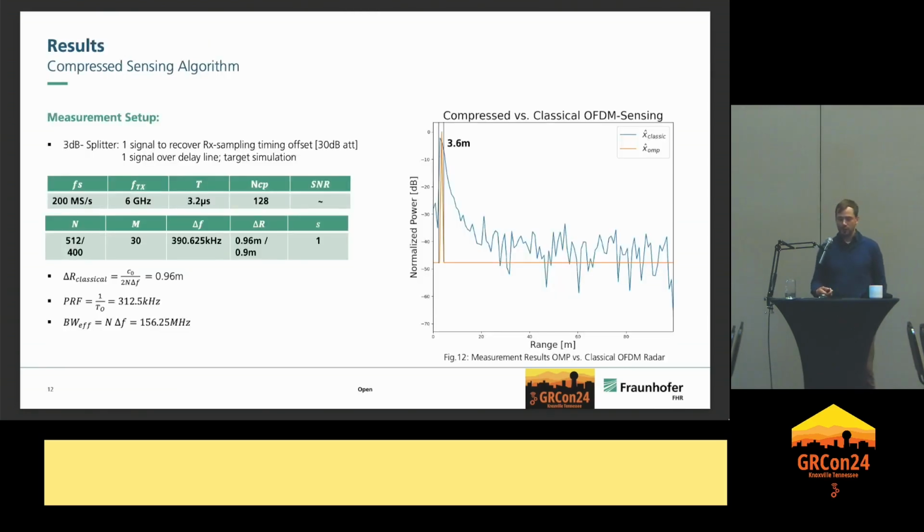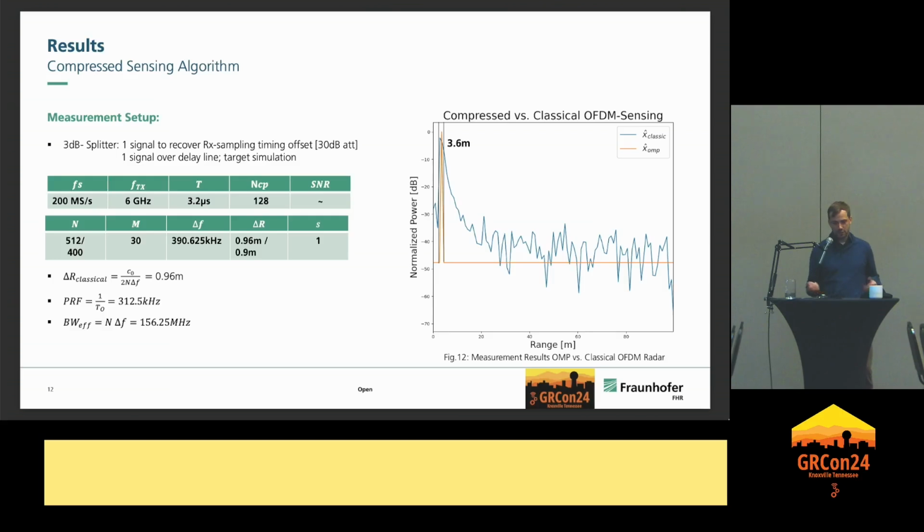And so here are the results of the measurements over that delay line I then used. These are basically the same parameters as before. I have a sampling frequency of 200 megasamples, 6 gigahertz center frequency, 128 sample cyclic prefix, and 512 subcarriers, from which only 30 were active.